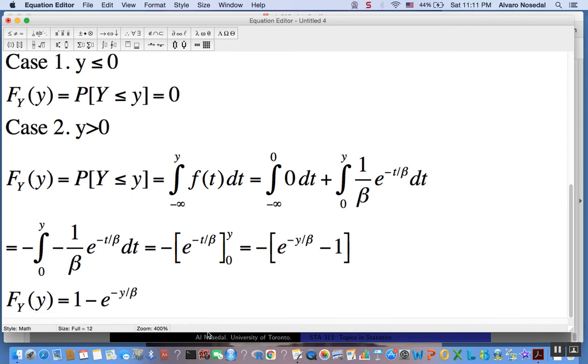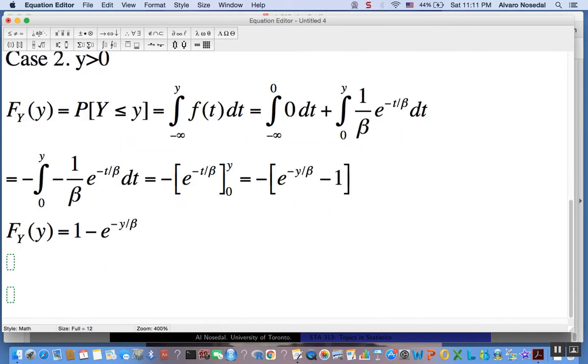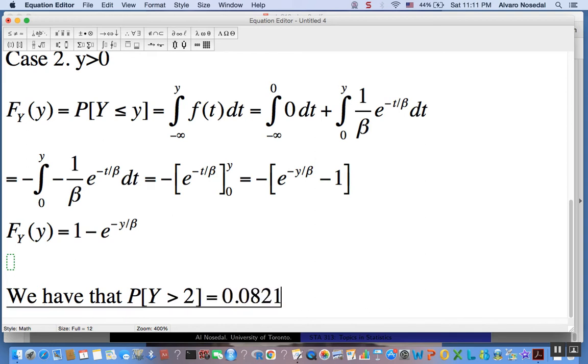You'll see. Let's go back to the original problem. We have that the probability that our random variable y is greater than 2 is roughly 8%, exactly 0.0821.